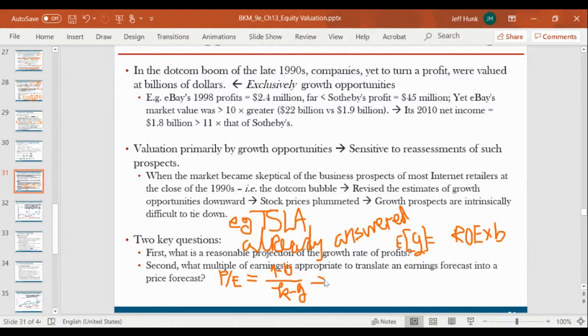And to forecast the price, of course, the expected price at time t plus 1, I'm not going to put the time subscript because when it is a forecast, it's already obvious. Then what do you need to do?